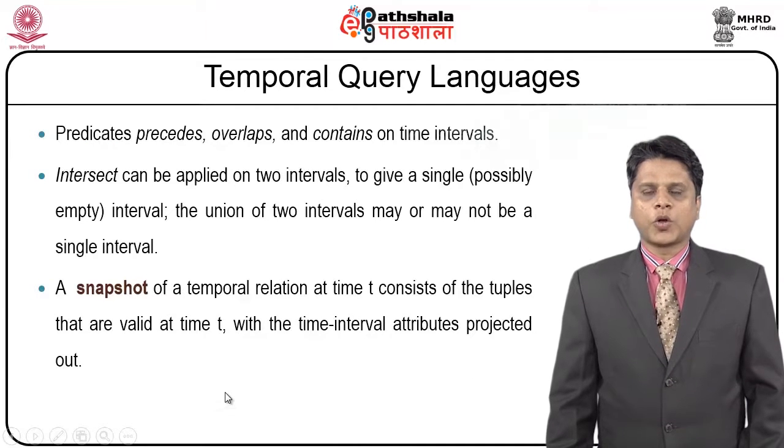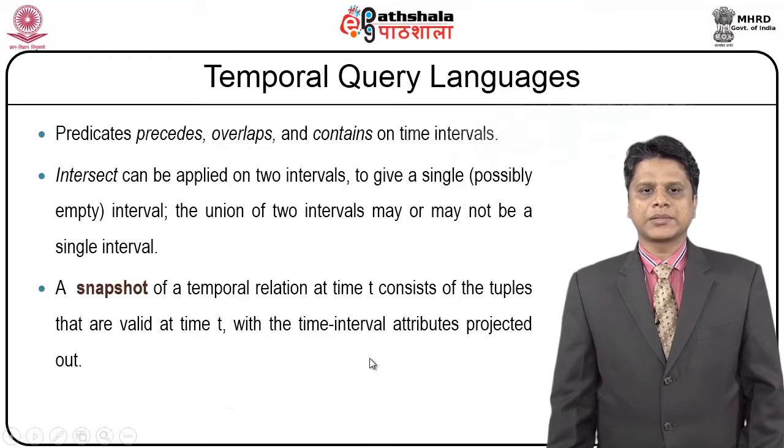Looking at temporal query languages, we have predicates such as precedes, overlaps and contains as clauses on time intervals. Intersect can be applied on two intervals to give a single interval, while the union of two intervals may or may not be a single interval.